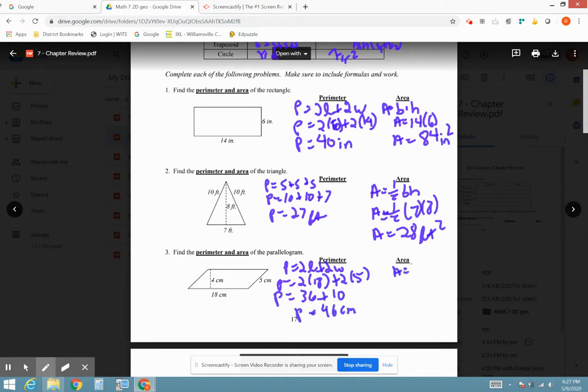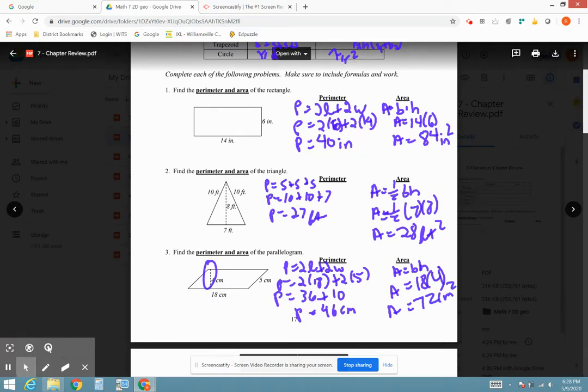And then we have area. Oh, is the height 5? No, it's not. The height is 4. If you caught that, good for you. Okay, and the label is squared.